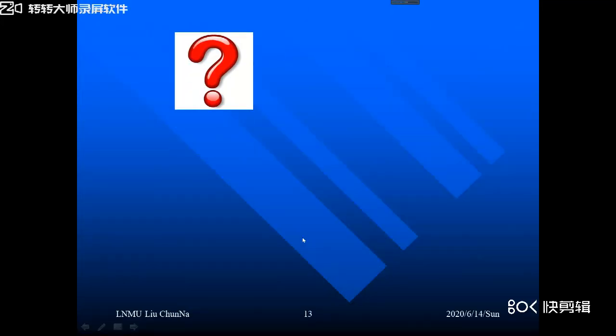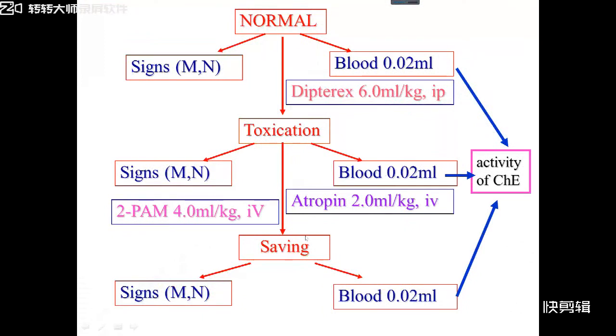Okay, let's summarize. The signs of organophosphate poisoning, which we should know, include M and N signs. Typical symptoms include diarrhea, urination, miosis, bronchial constriction, fasciculation, and convulsion. Also, salivation and sweating are very obvious.